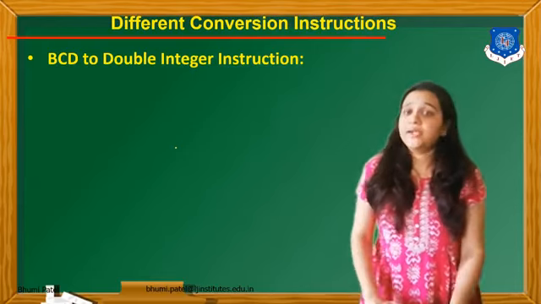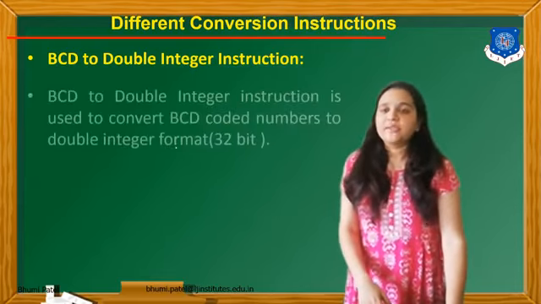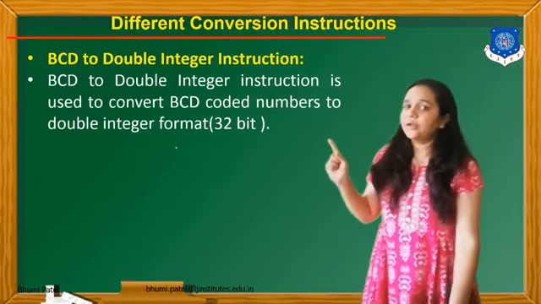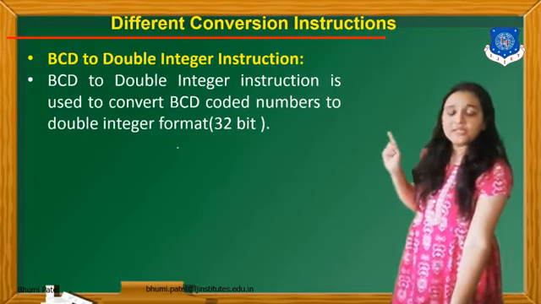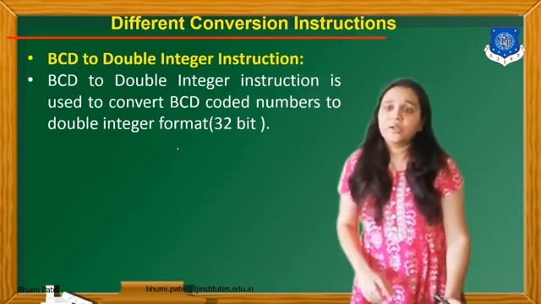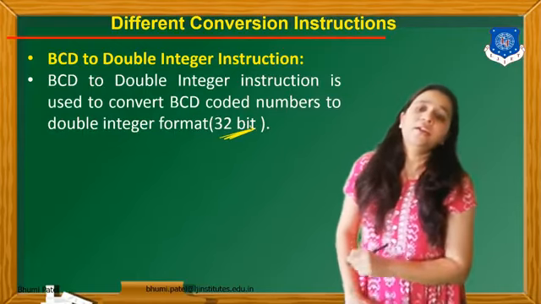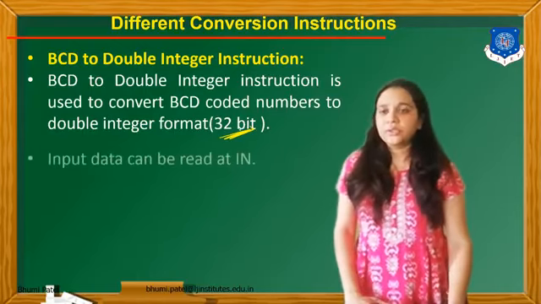Next is the BCD to double integer instruction. The same formula is there. The BCD to double integer instruction is used to convert a BCD coded number to the double integer format. But the difference is that here 32 bits are used.